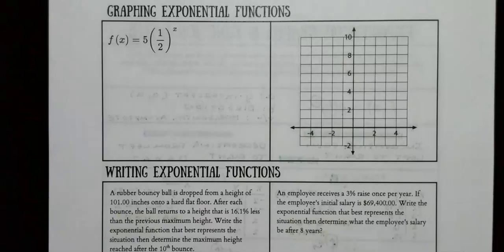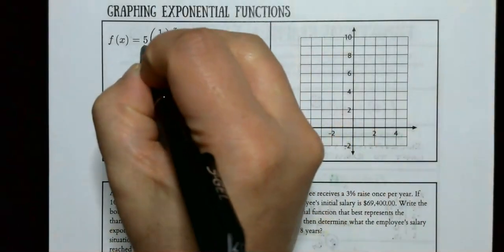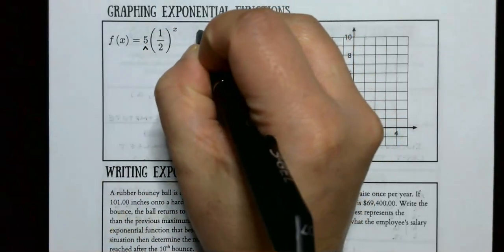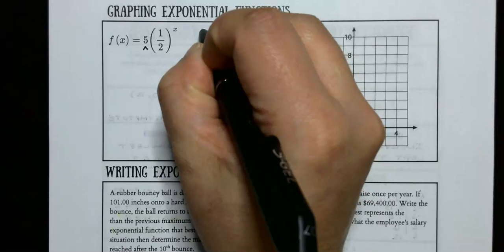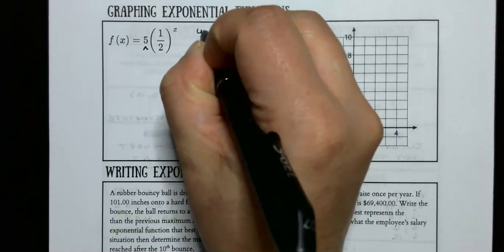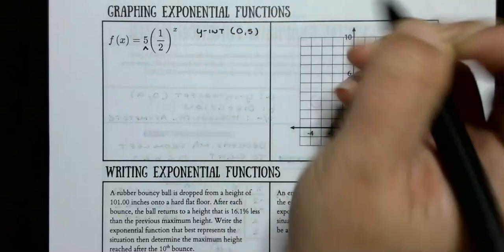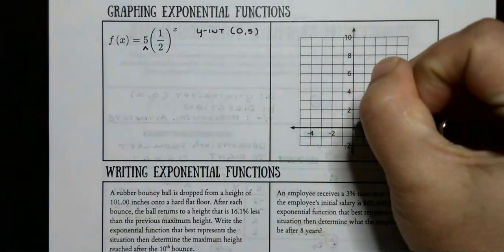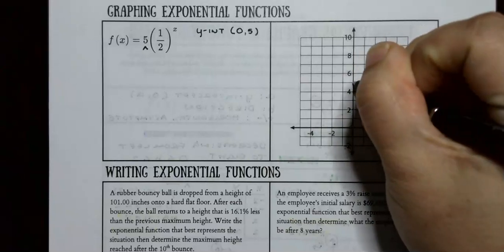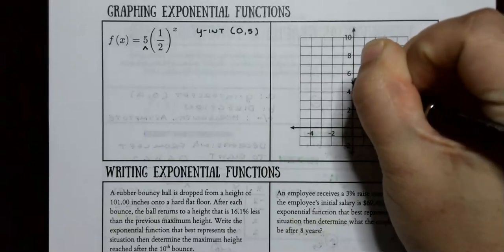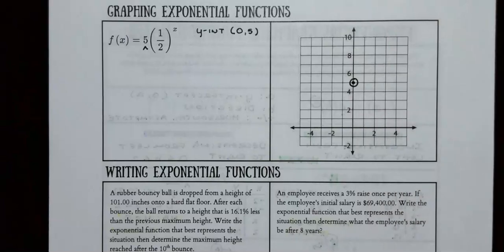So before I even begin, I do want to point out that this 5 in the front is going to be our y-intercept. So we're going to start off with the y-intercept is 0, 5. Now if you want to go ahead and jump over here to your graph, you can find positive 5 on the y-axis, and that would be our initial point.